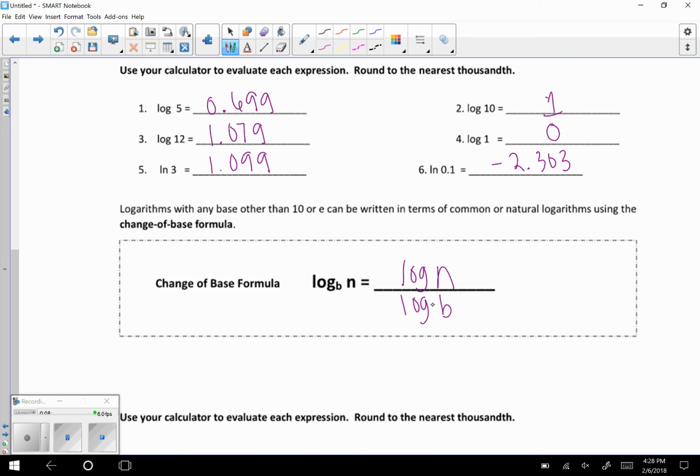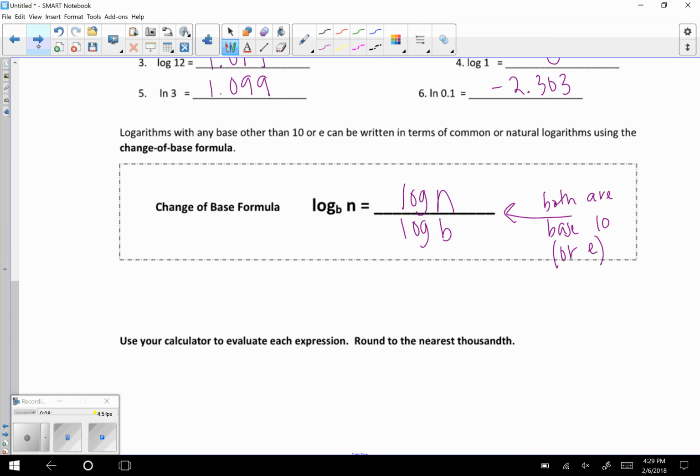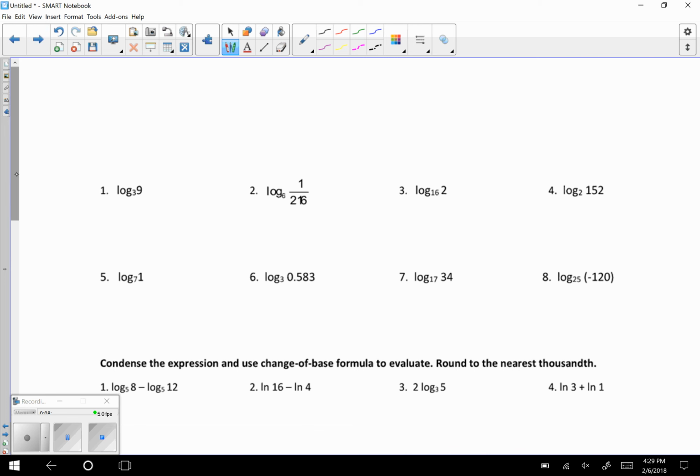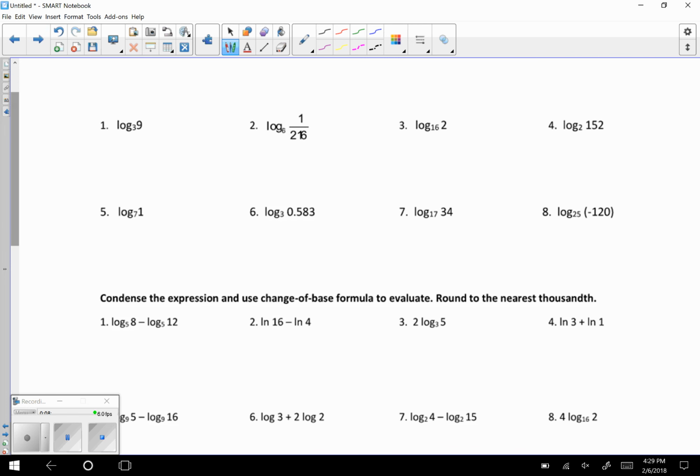Notice I didn't write bases here. What do you think I'm going to use as my base? Well, 10. Both of those are going to be base 10 or base e. And if you do base e, then you would actually use ln. You could do ln of the big over ln of the small. What that's going to do is let you evaluate logarithms that have a base other than 10.